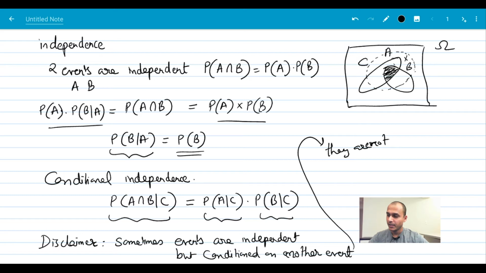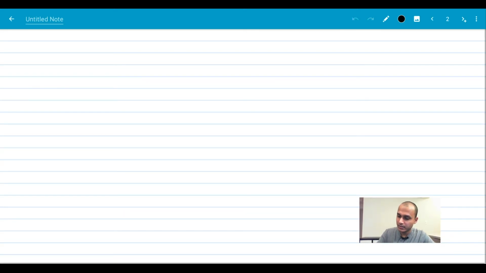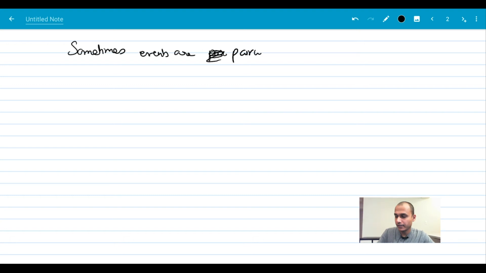Also, sometimes events are pairwise independent, but not fully independent.